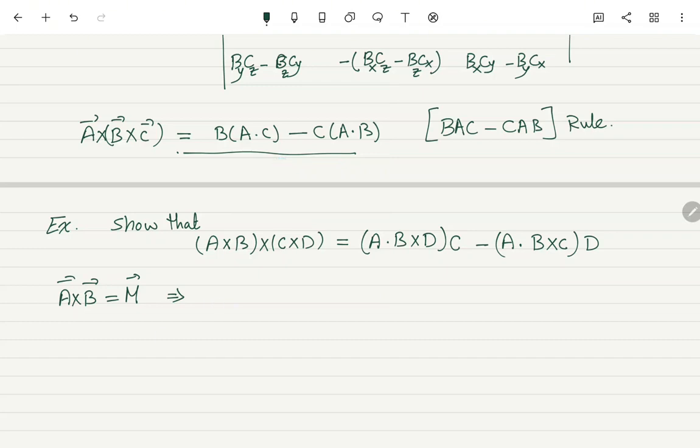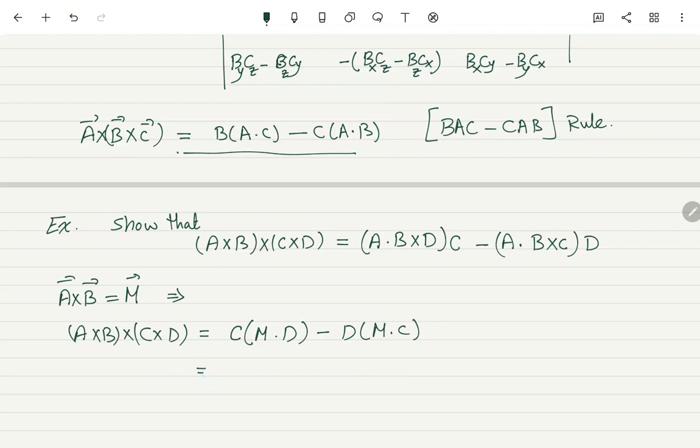So in this case, A cross B cross C cross D should be equal to C (M dot D) minus D (M dot C).